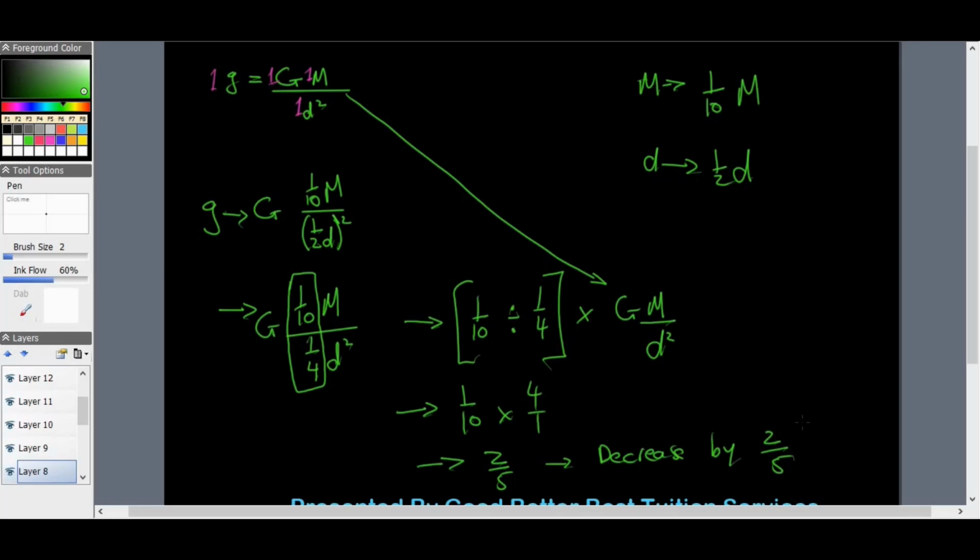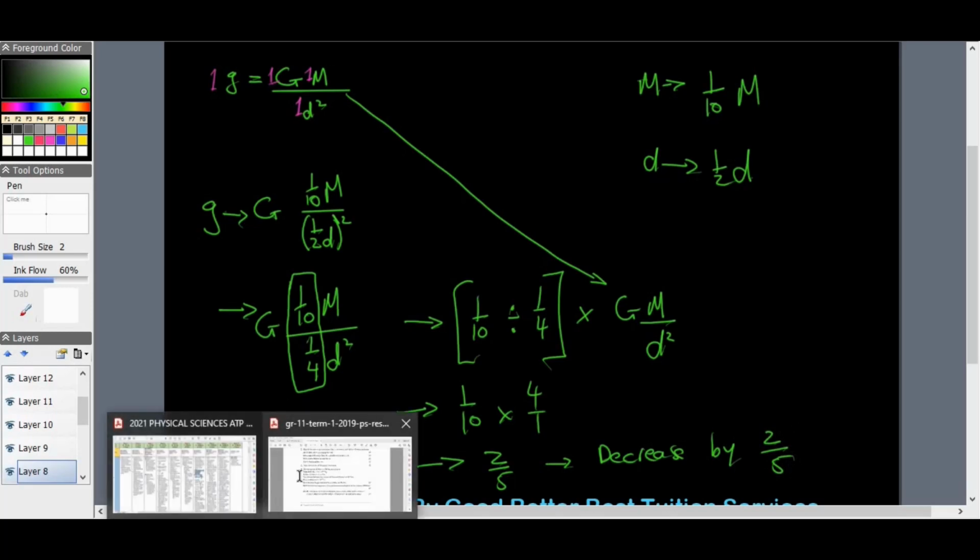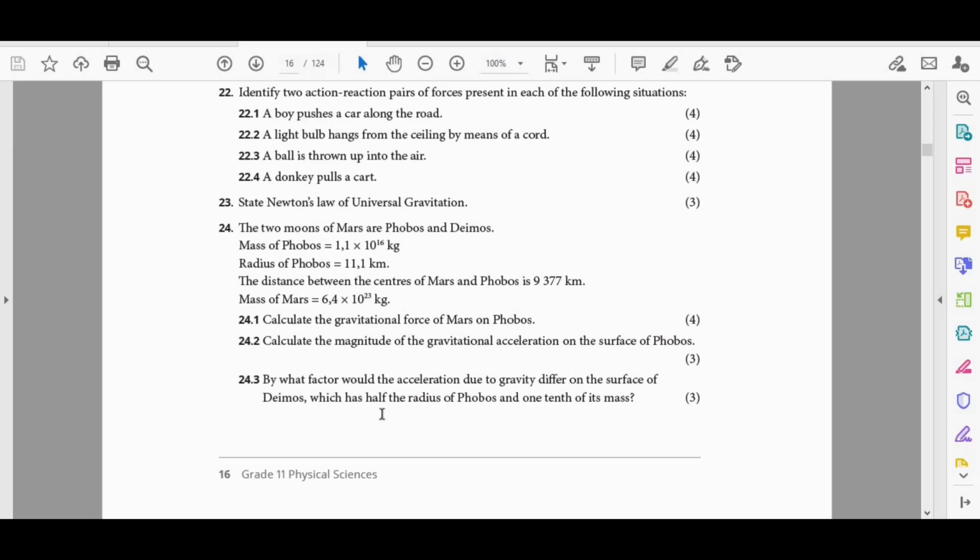So the gravitational acceleration of Deimos differs by 2/5. By what factor would the acceleration due to gravity differ? So this answer, if you times it by 2 over 5, you'll actually get the gravitational acceleration on Deimos, which is less or smaller than on Phobos.